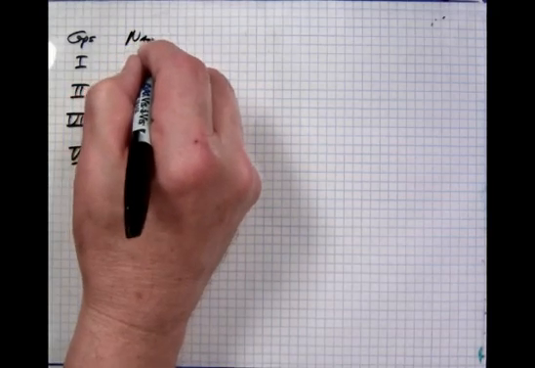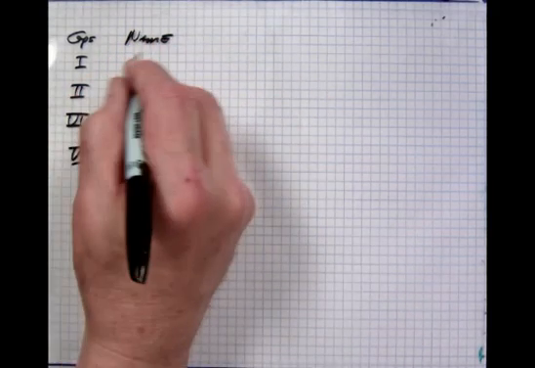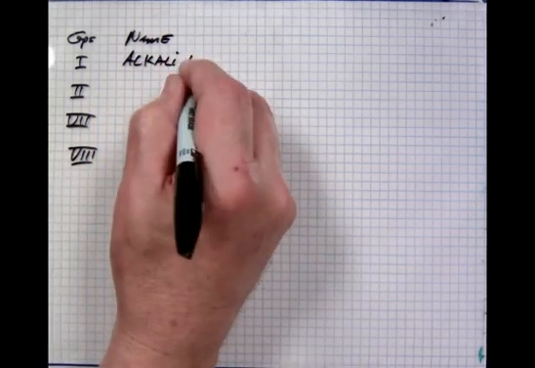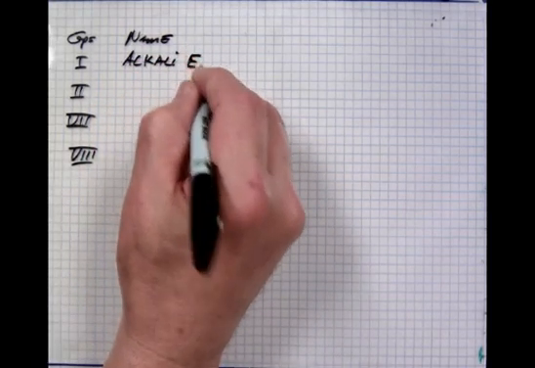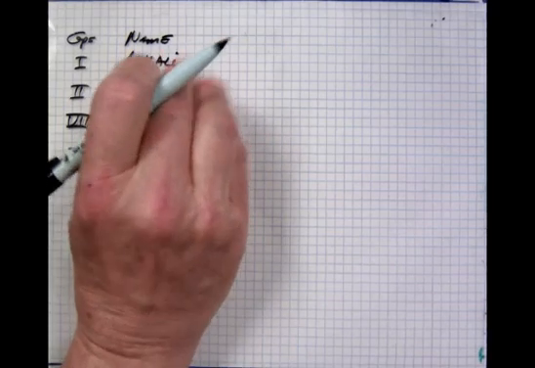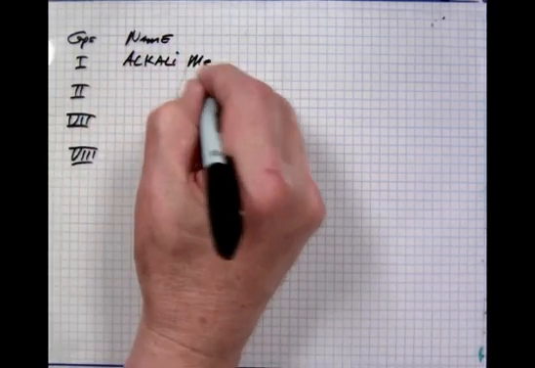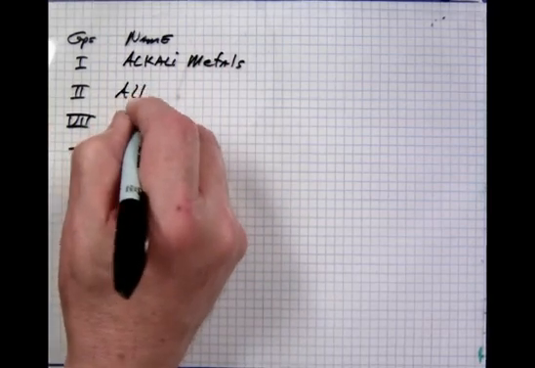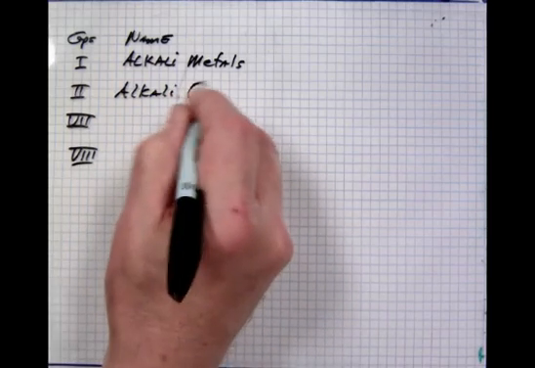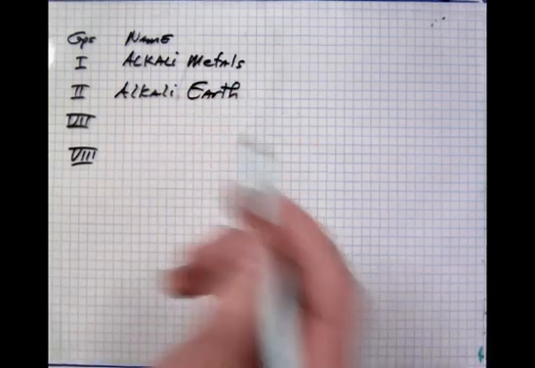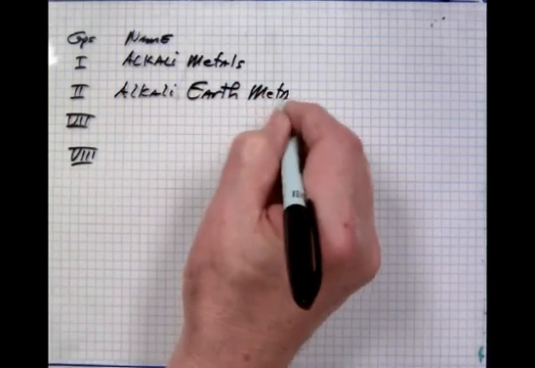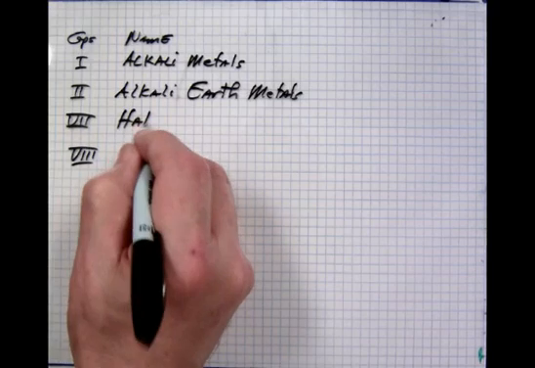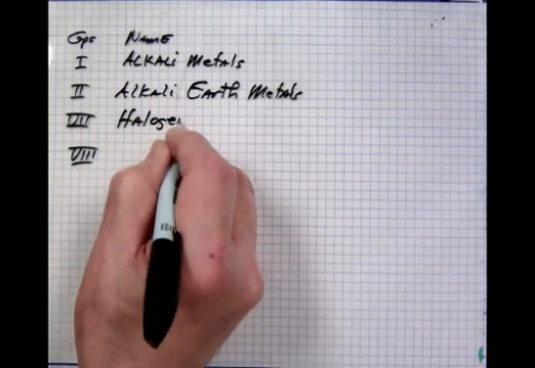The name of the group is the alkali metals. Number 2 are alkali earth metals. 7 are halogens collectively. Now listen to me very carefully.